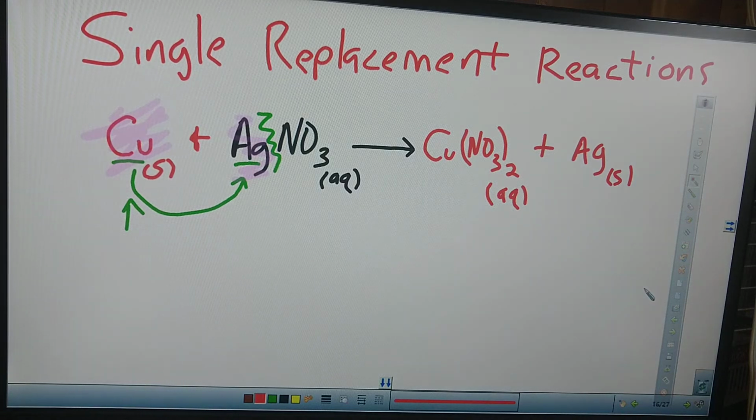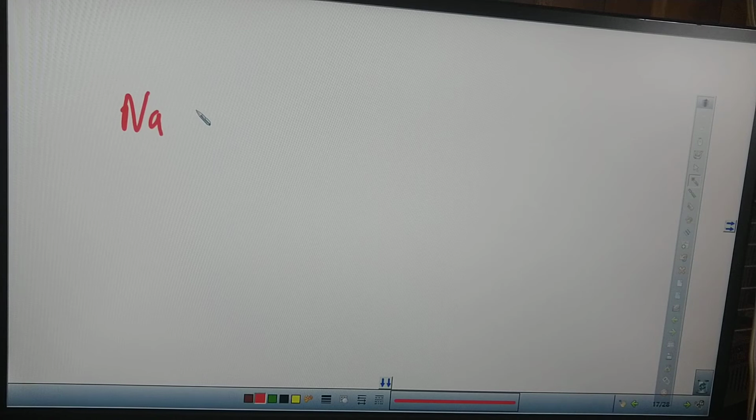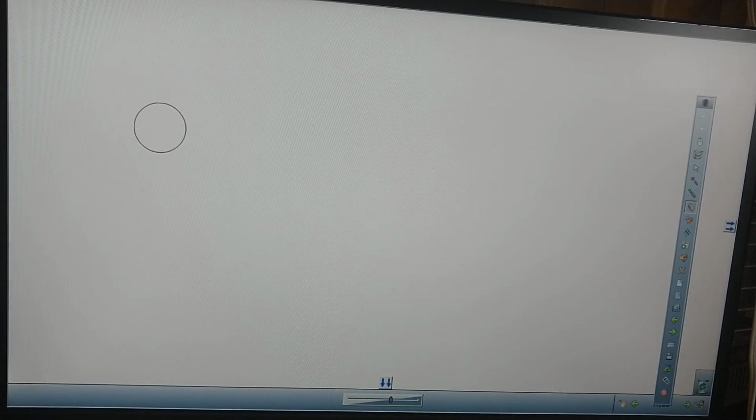All right, let's try a couple more single replacement reactions. Let's try one right here, and you can try it by yourself, but just hit pause on the video. What if I had some sodium, and sodium's not a good choice. Let's not do sodium, because you know what happens when we put sodium in anything wet, it'll just start fizzling.